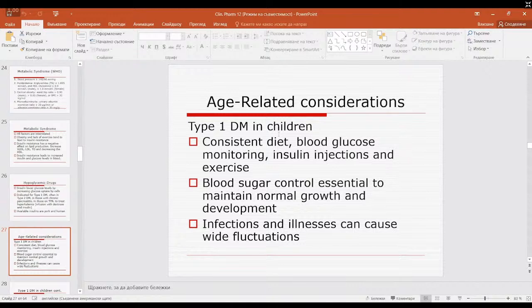If you are interested, there are also many sports players, basketball players, every type of professional sports players that have diabetes type 1, and they can compete at very high professional levels.